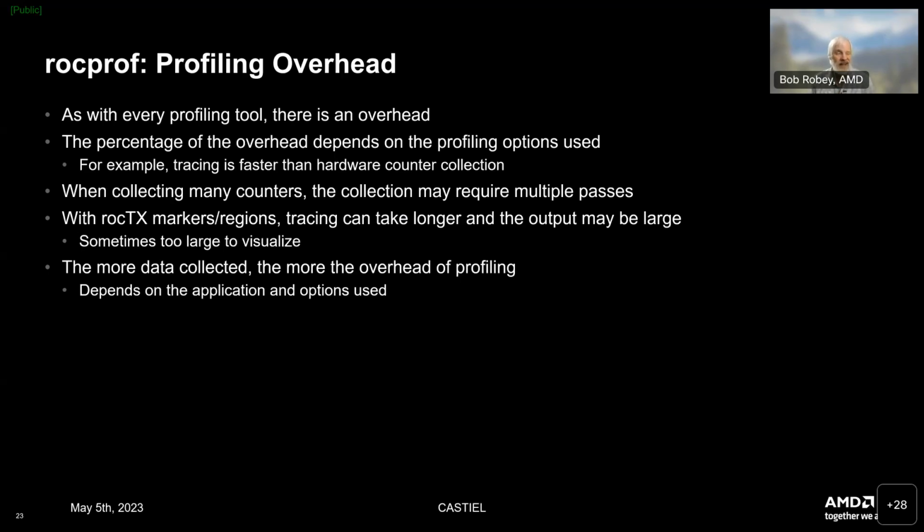So you may want to keep an idea of how much your runtime is increasing as you add more hardware counters or more markers. I think the bigger limit generally is that there's a limit to how much you can visualize. The traces get too large. While we can take steps to view larger traces, you just can't tell what's going on because the timeline is way too detailed, and trying to figure out where to zoom in for the important information becomes difficult.